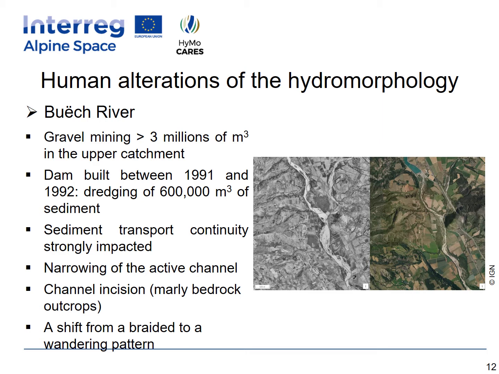The incision of the channel is known to be locally controlled by bedrock outcrops and the formation of a coarse surface layer interpreted as exhumed proglacial deposits from the last glacial maximum. The strong narrowing of the active channel between the 50s and a recent date, due to the combination of anthropic pressures, is illustrated on the right with aerial photos.